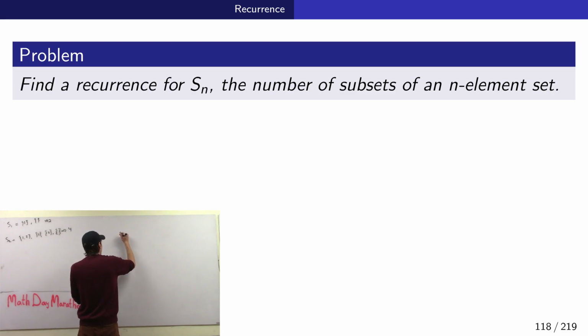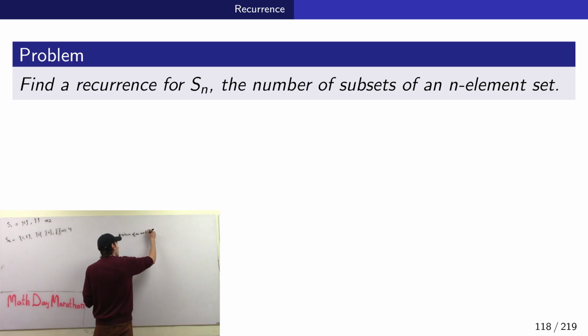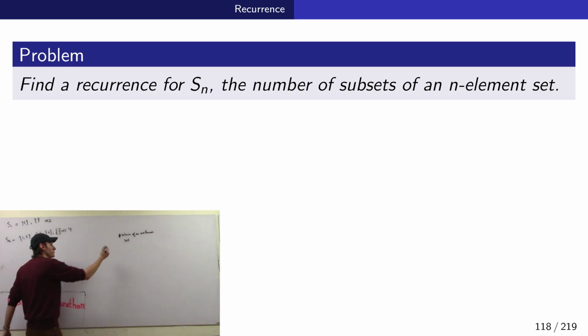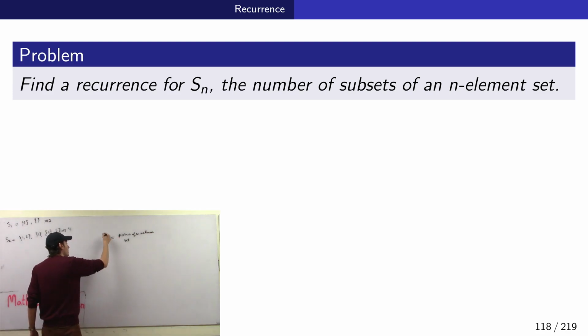So in the middle, I'm going to have the number of subsets of an n element set. Count it 2 ways. One way we'll count it is as S sub n.